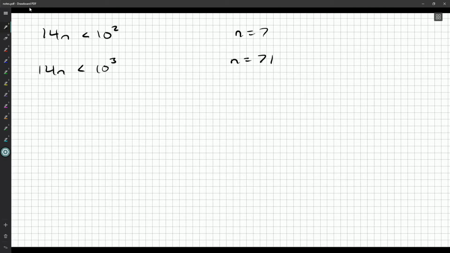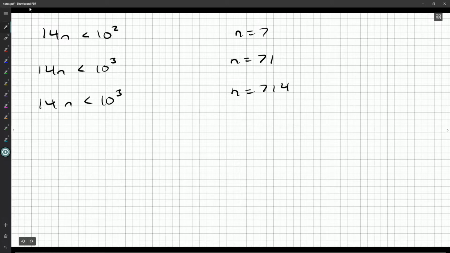If I take 10,000 and divide by 14, I get 714 when I round down. Looks like we've got 714,285, and then it repeats 714. And now my calculator is showing a 3 here, but of course they're rounding up from the 28.